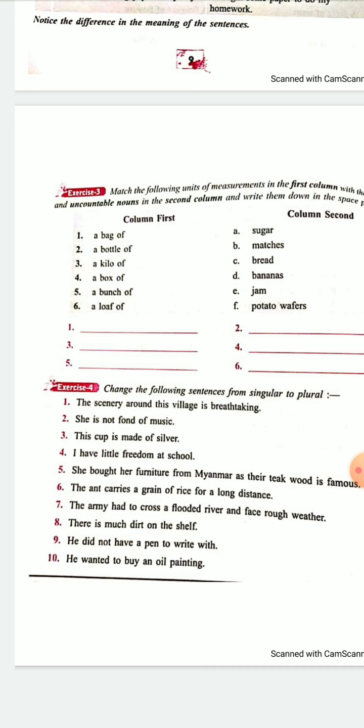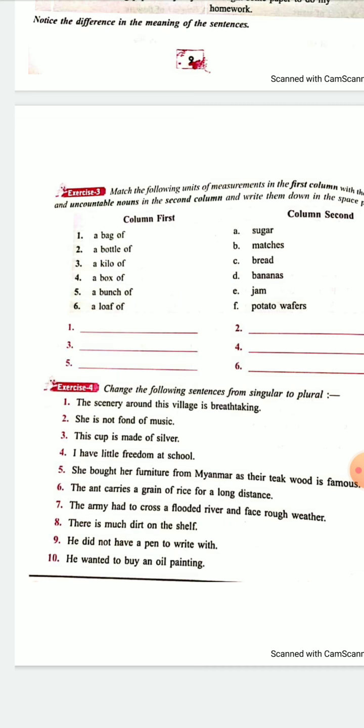Now here in the second sentence we have the word she is not fond of music. Instead of she and is, these are the 2 words that need to be changed, but she cannot be made into plural. So you can make it, they are not fond of music, because they can be used for both she and he.